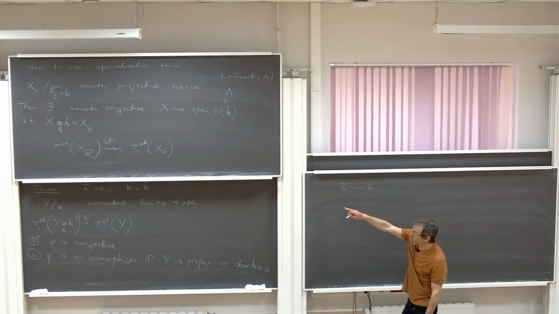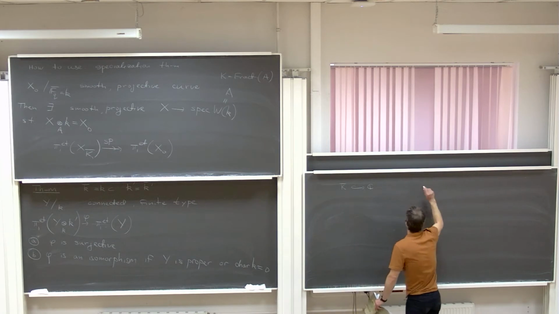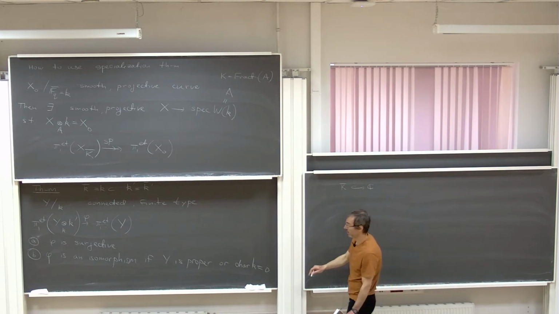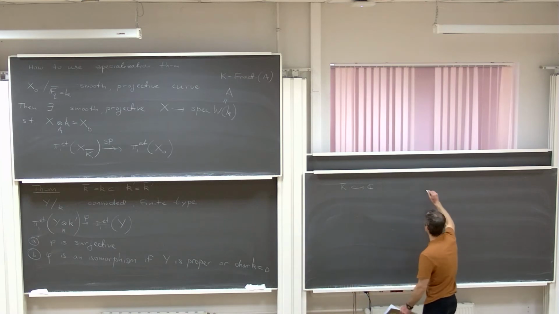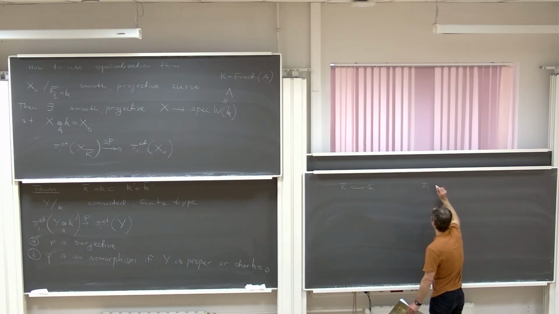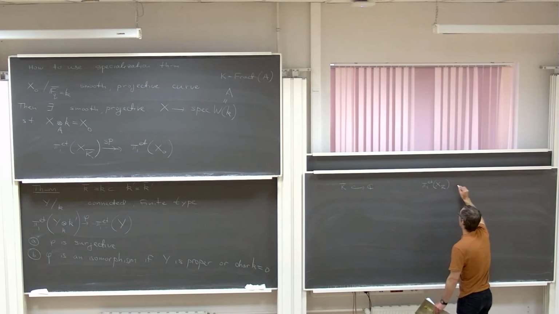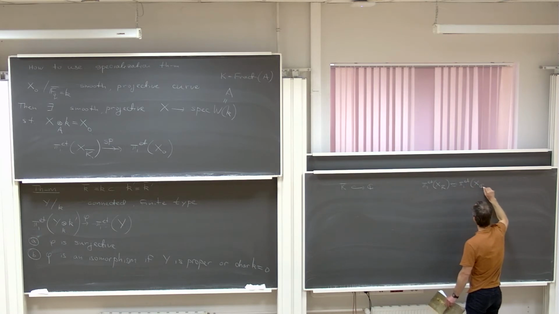And so I'm in this setting, and the theorem applies. I don't even need properness here because we're in characteristic 0. So pi1 étale of X K bar is isomorphic, the map goes this way, it doesn't matter, to pi1 étale of X_C.